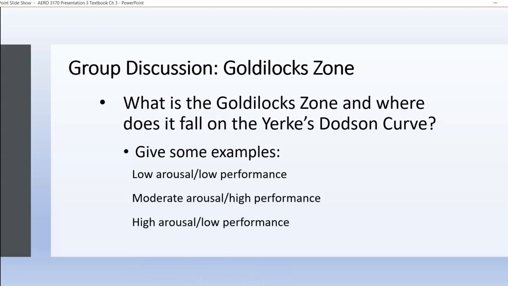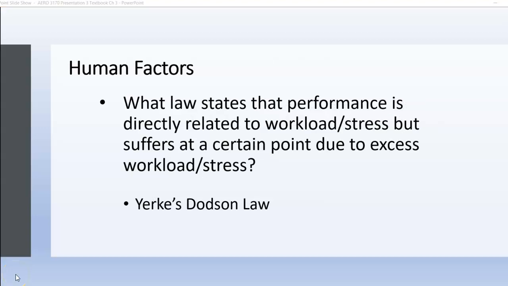And then finally, high arousal situations where workload may be extremely high, resulting in low performance. So as you can see, performance is directly related to workload and stress, but performance suffers at a certain point due to excess workload and stress. And that law is called the Yerkes-Dodson law.